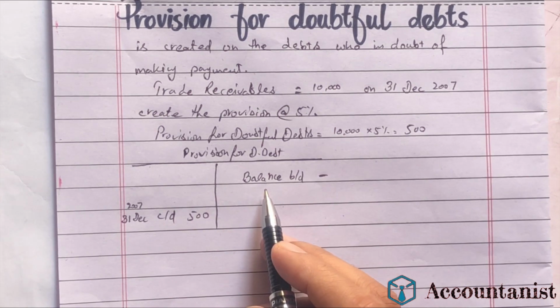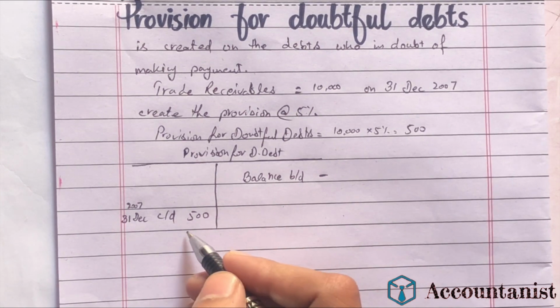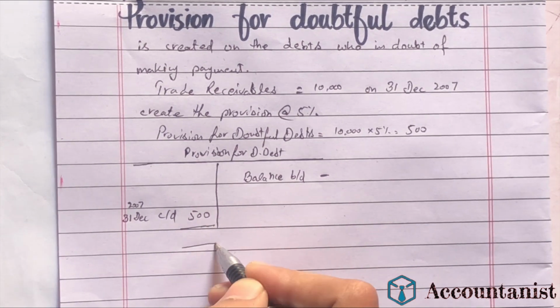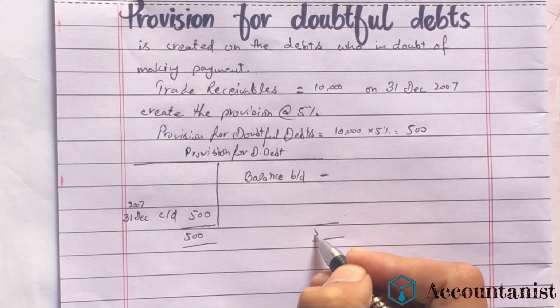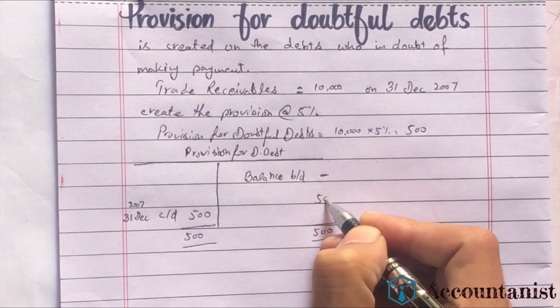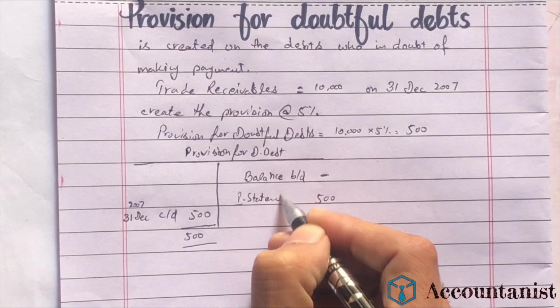That's why we have a credit opening balance here. So we will have a closing balance here on the debit side. We are going to close this account by 500 and 500. This will go to the income statement.